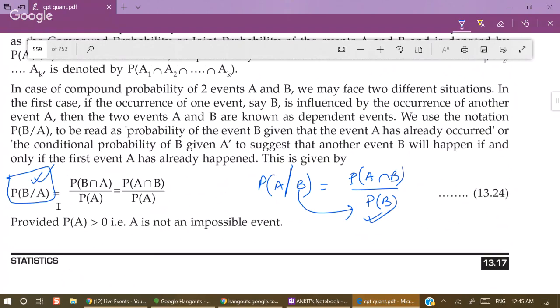Probability is very important to understand theoretical distributions, normal distribution, chi-square distribution, standard normal distribution, binomial distribution, Poisson distribution.